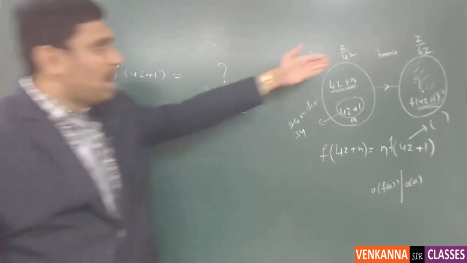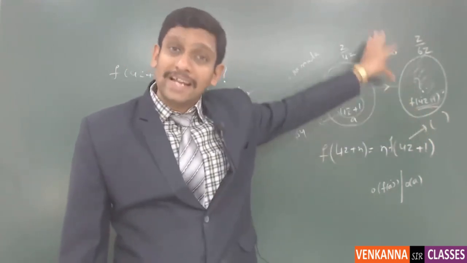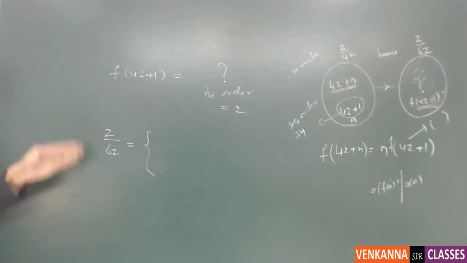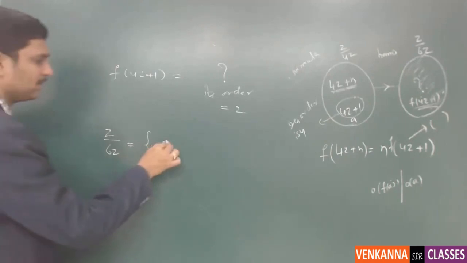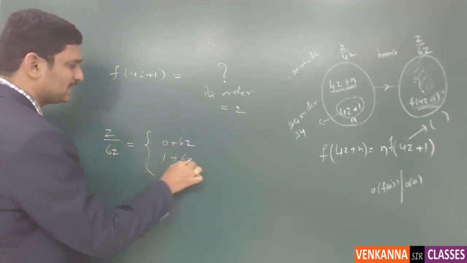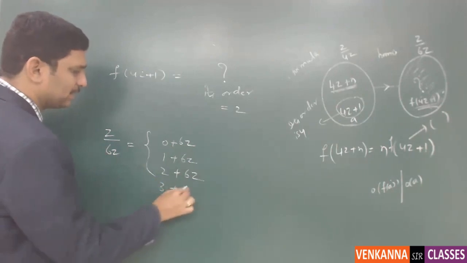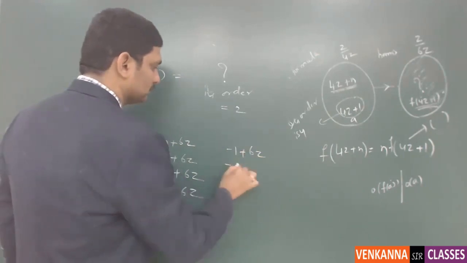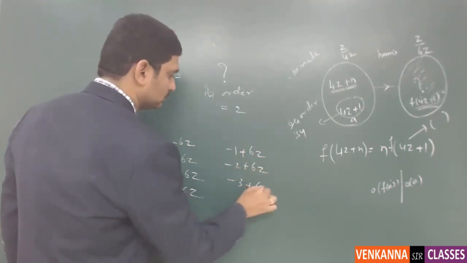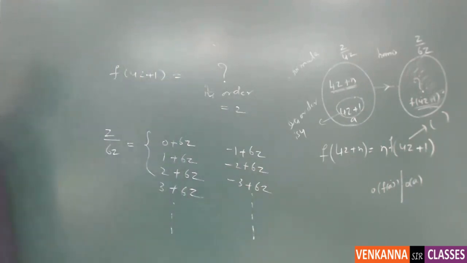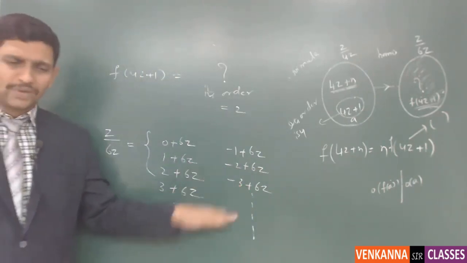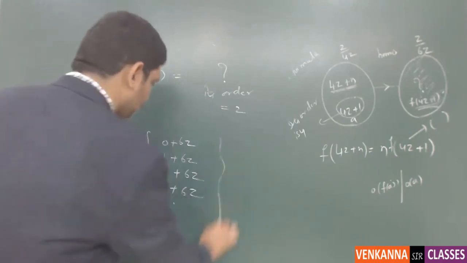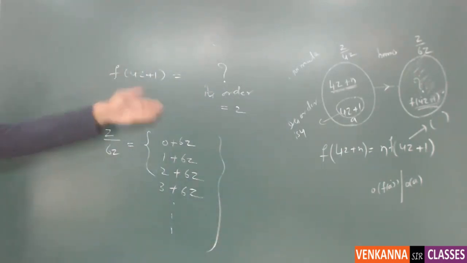So on the right hand side, if you start writing the cosets, it is nothing but 0 plus 6z, 1 plus 6z, 2 plus 6z, 3 plus 6z, and so on. You can take the negative values also, but they are always similar, so we can consider only positive things. There is no need to write the negative ones. So Z by 6Z is nothing but this kind of cosets.